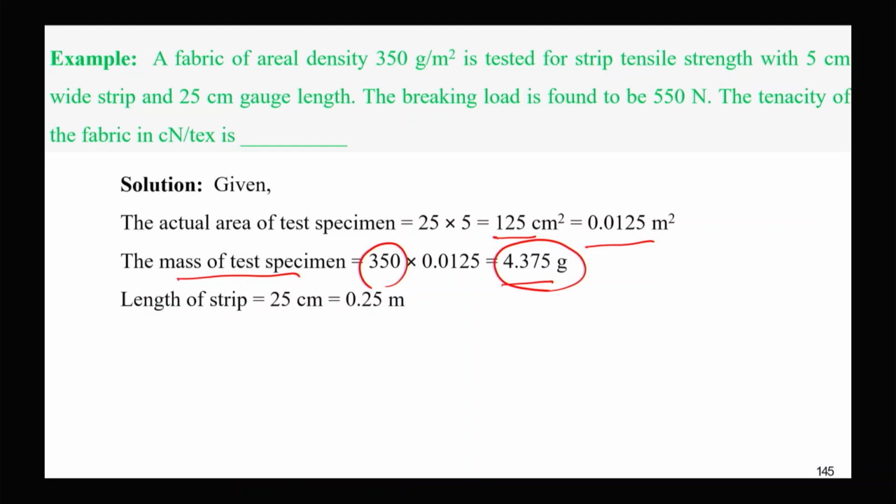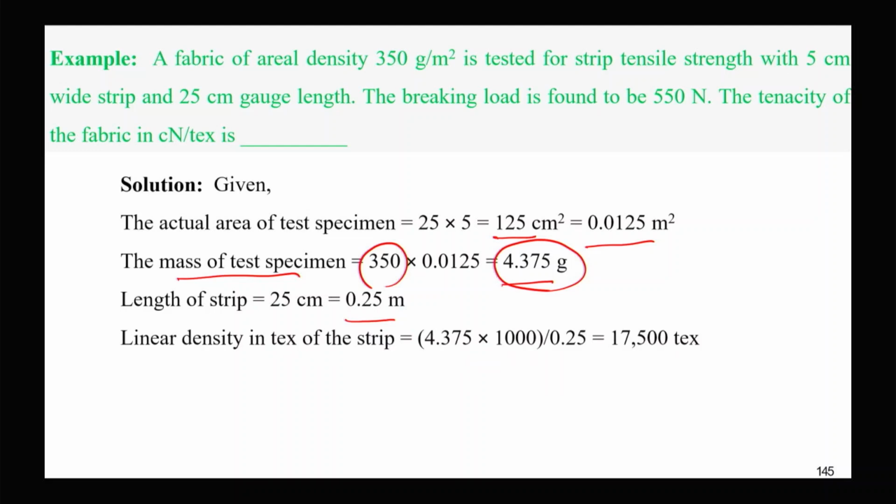And the length of the strip is 0.25 meter. So we can calculate the tex of the strip. The linear density in tex of the strip, for 1000 meter, 1 kilometer, will be 17,500 tex.